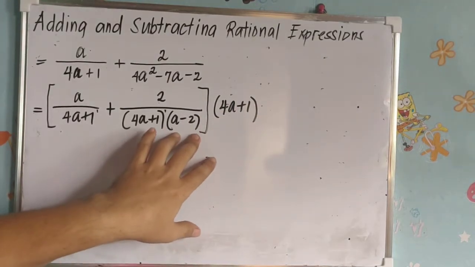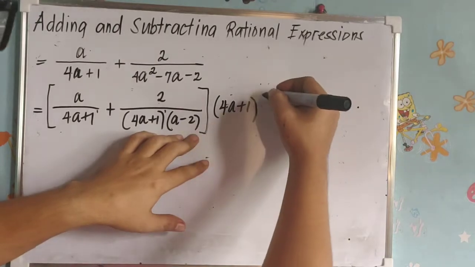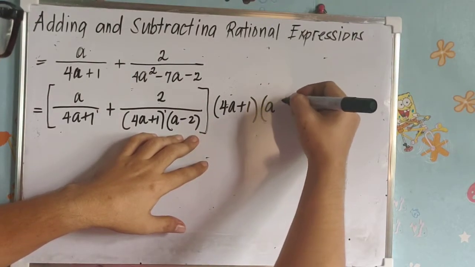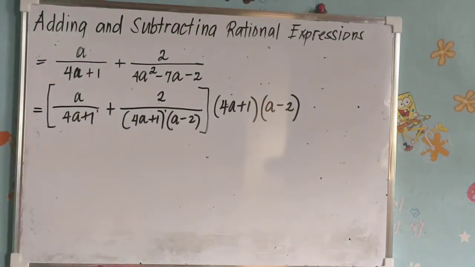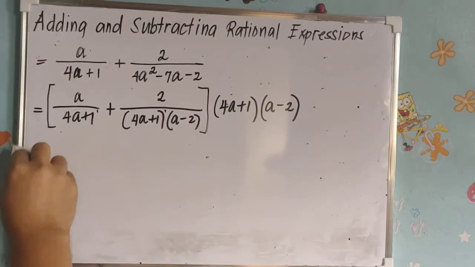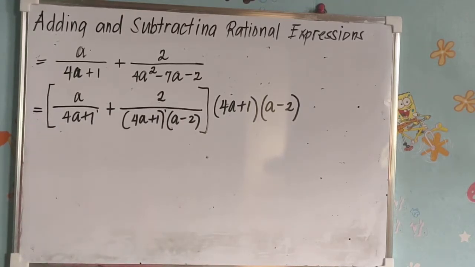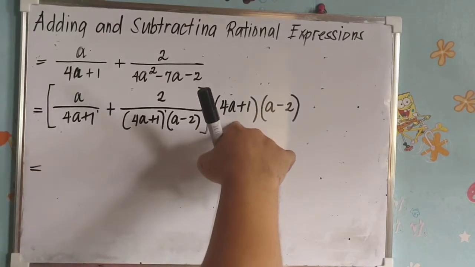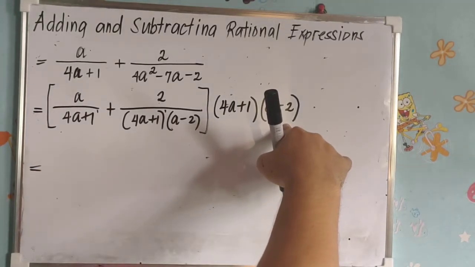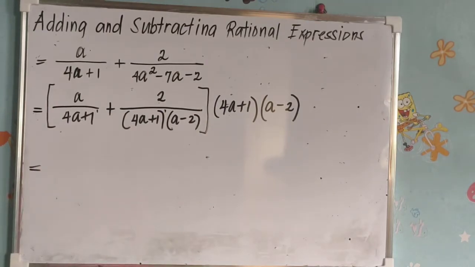And we have another distinct factor which is a minus 2. So recall that every distinct factor should be part of your LCD. So therefore the LCD is the quantity 4a plus 1 times the quantity a minus 2. Okay? Then, let's proceed.